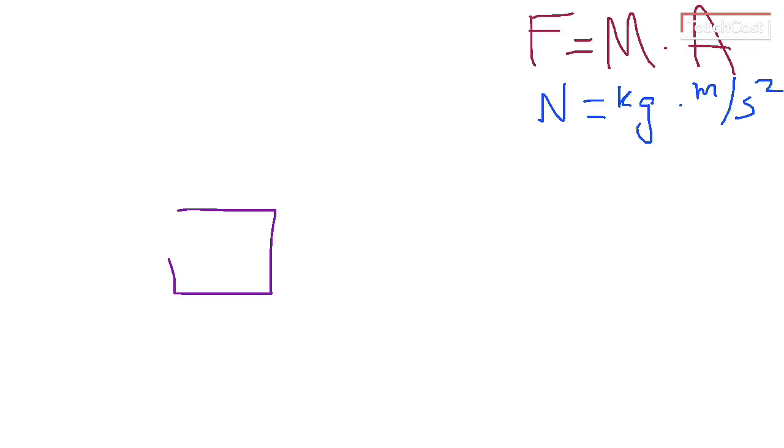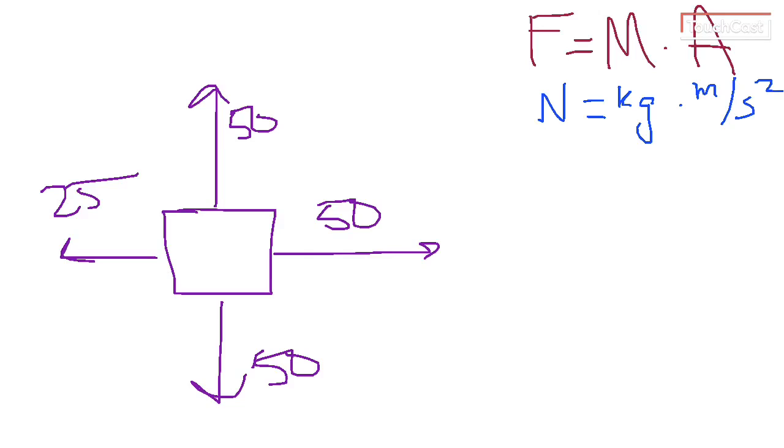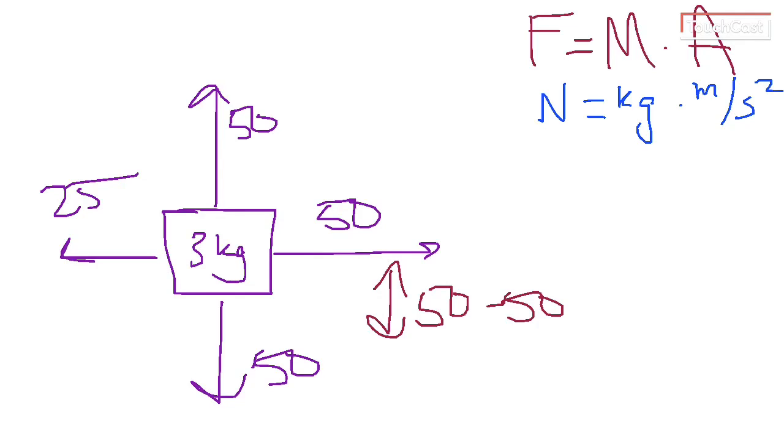So if we have our box over here, and we have 50, 50, 50, and 25, and our mass is 3 kilograms, I can solve for the acceleration of the object. I can say the up and down arrows are 50 minus 50. I can say the left and right arrows are 50 minus 25.